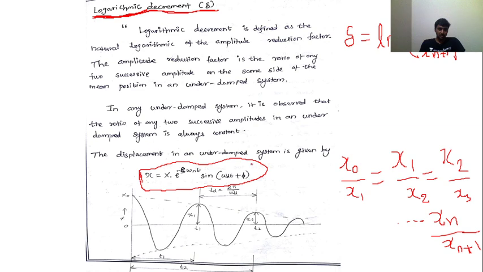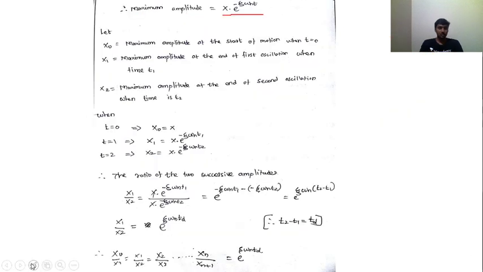It is maximum when sine of this value is equal to 90 degrees, that is, when omega d into t plus phi is equal to 90, since sine 90 is equal to 1. That means maximum amplitude, so here the maximum amplitude is given as X into e power minus zeta into omega n into t.